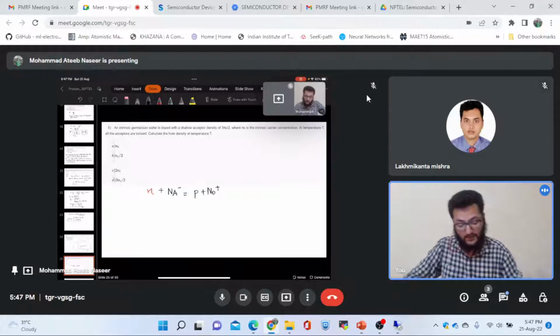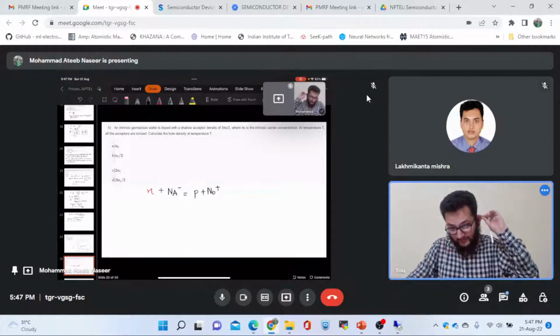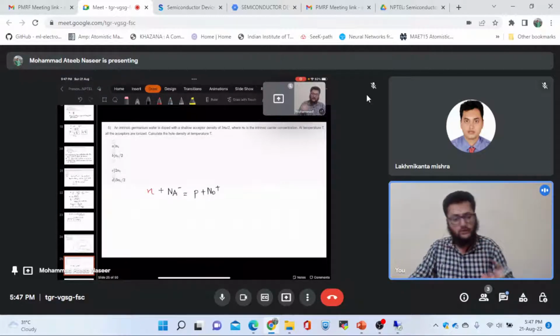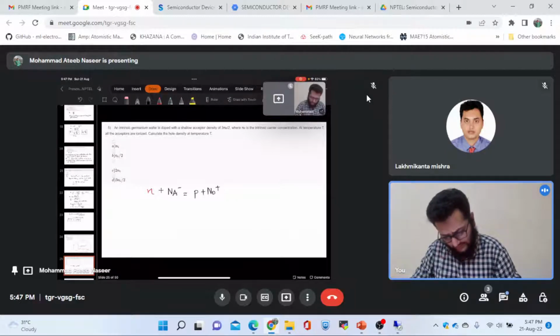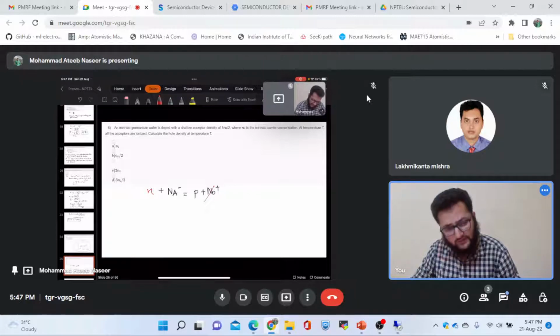We have been given that all the acceptors are completely ionized and there is no donor. So the Nd term will go, and this Na minus will simply be equal to Na, as we have complete ionization. We will be left with n plus Na equals p.